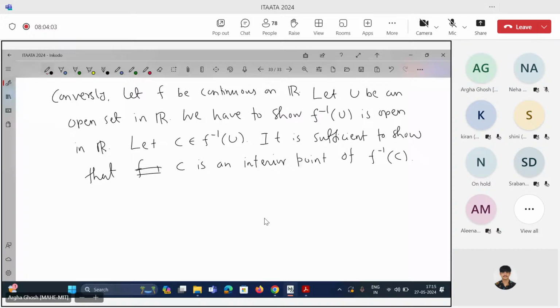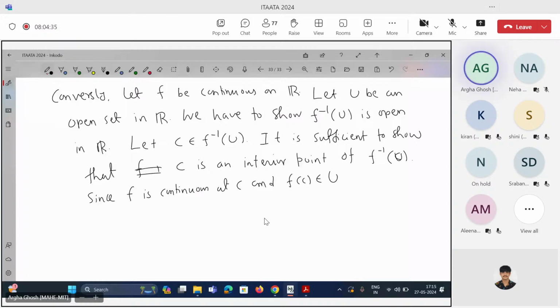Okay. Now, since F is continuous and c belongs to F inverse U, so f(c) belongs to U. Since F is continuous at c and f(c) belongs to U. Why does f(c) belong to U? Because c is in F inverse U. Okay.